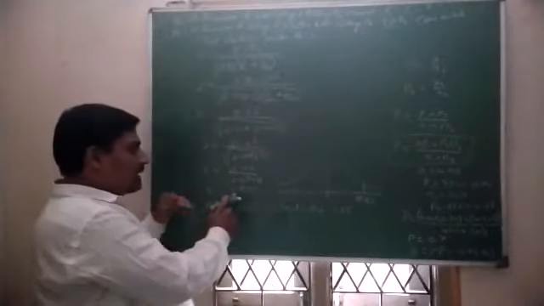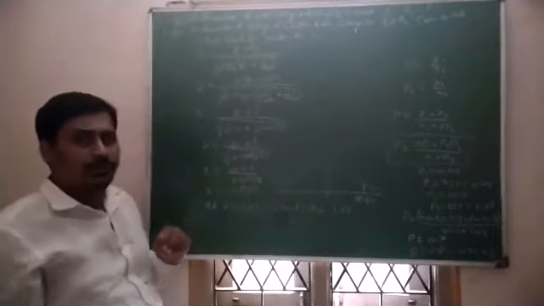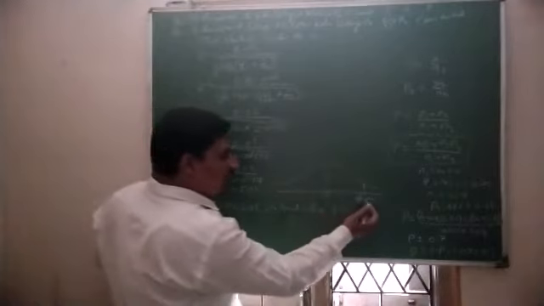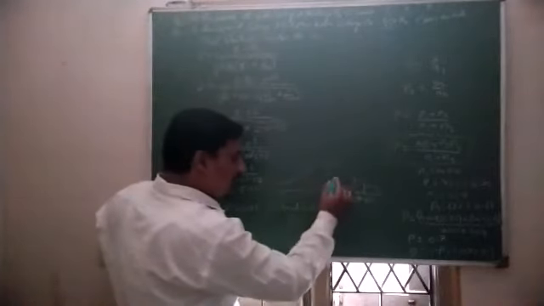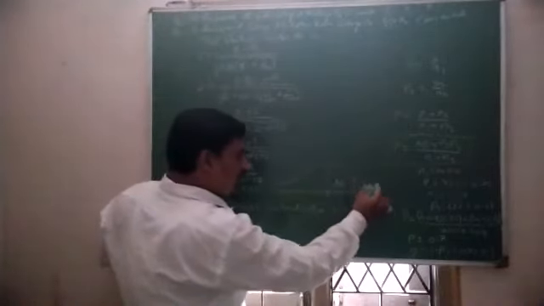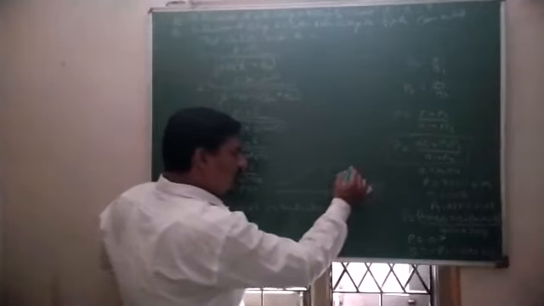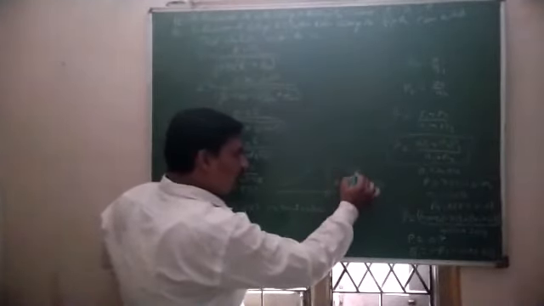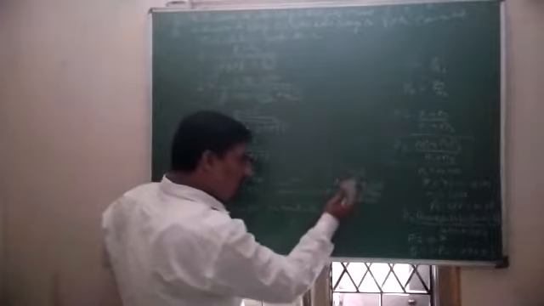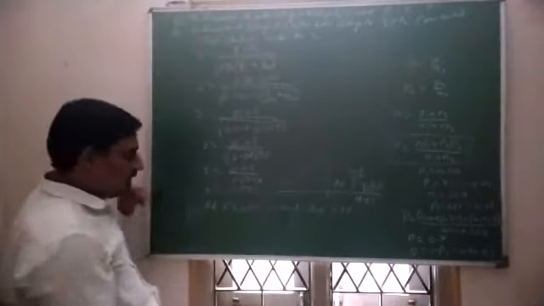Now our answer is 1.51. So 1.51 is less than 1.65. So it lies in the acceptance region, and this is the rejection region. So Z calculated, 1.51, lies in the acceptance region.